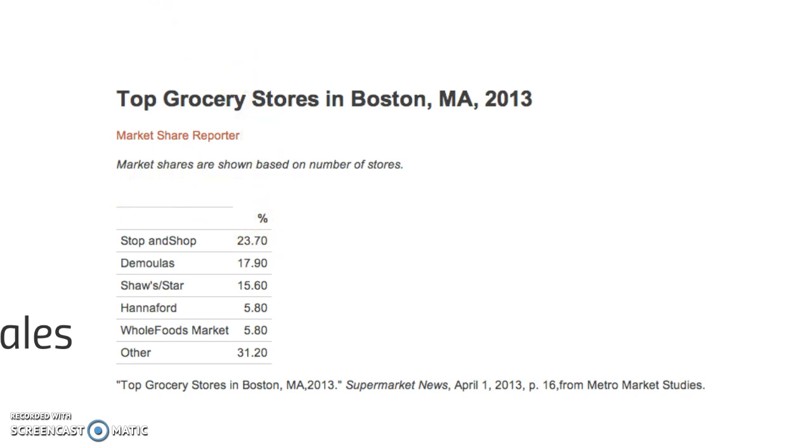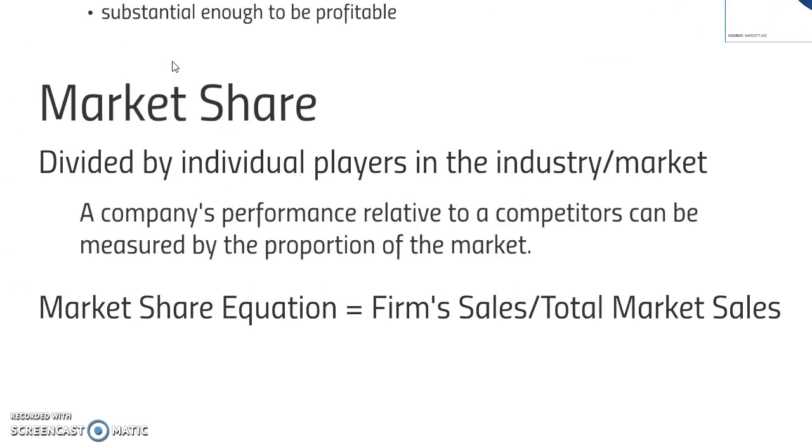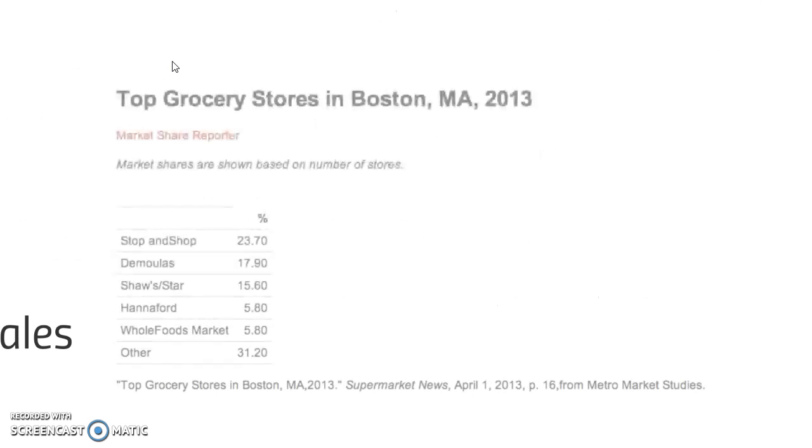And again, that figure was derived by dividing the total firm sales, in this case Stop and Shop, by the total sales of groceries within the Boston, Massachusetts area. And so that's how you arrive at that figure.